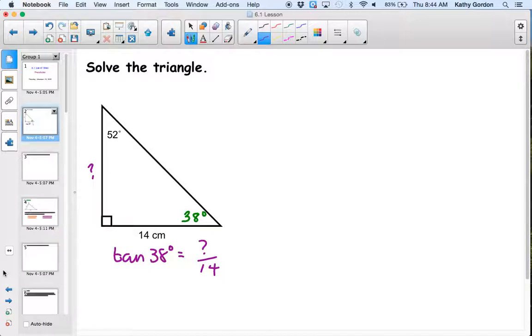How much? 10.93. Agree? Is that what everybody's getting?